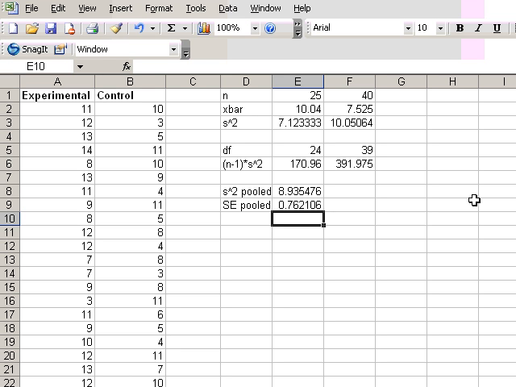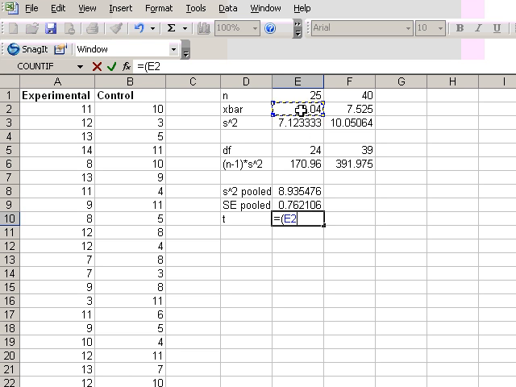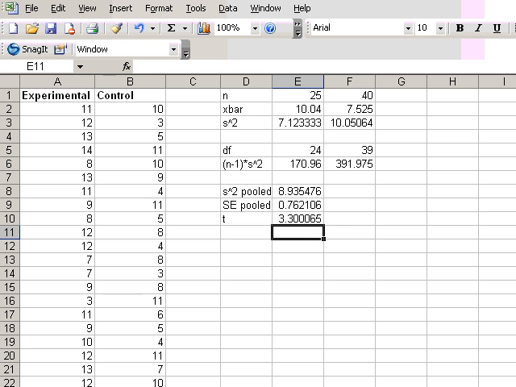Now the t-test is equal to the mean for either group. In this case, I'll use the mean for the experimental group minus the mean for the control group divided by the pooled standard error. And the result is 3.3.